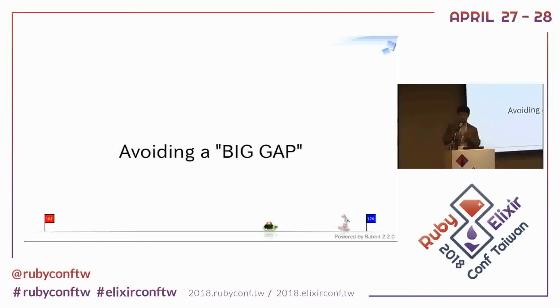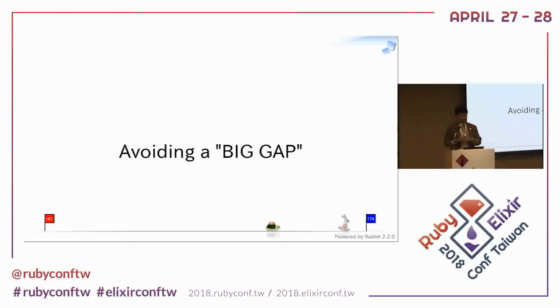For the Ruby community, we had a big gap between 1.8 and 1.9 because we had to replace the virtual machine, and we wanted to support multilingualization, especially Unicode. For that reason, we had to make big breaking changes.